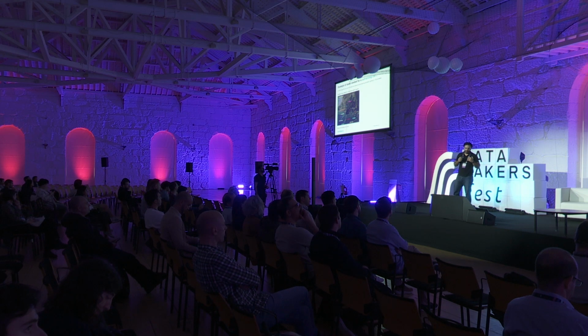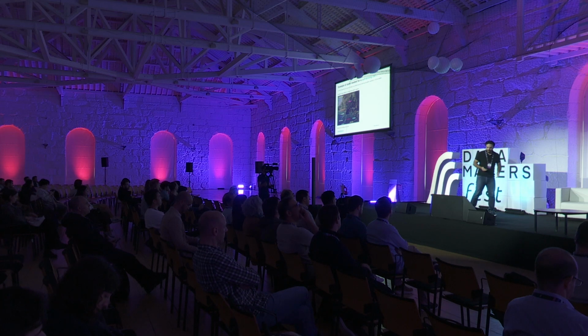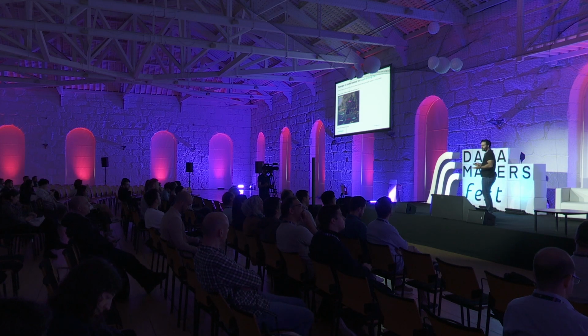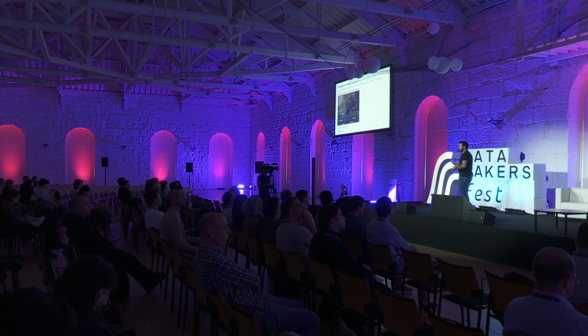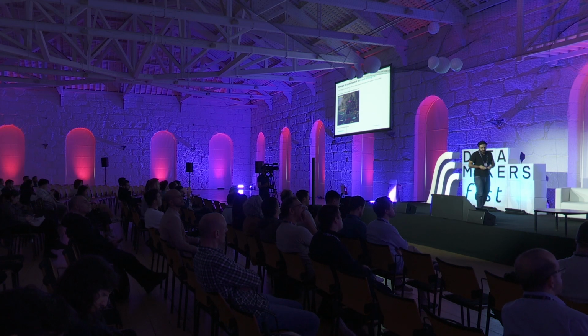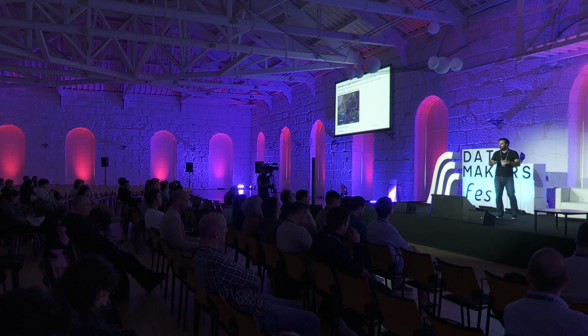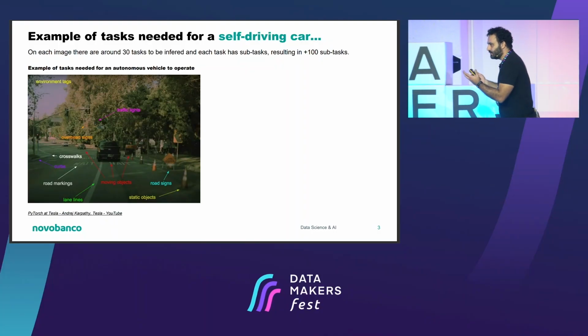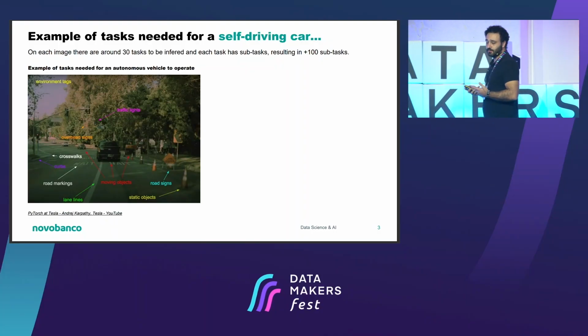So there are a lot of tasks here. The colleagues tackling this issue have two options. They can have a lot of single task learners, one model for one task, or they can use multitask models. For now, let's just agree that it's one model that provides inferences for several tasks at the same time.